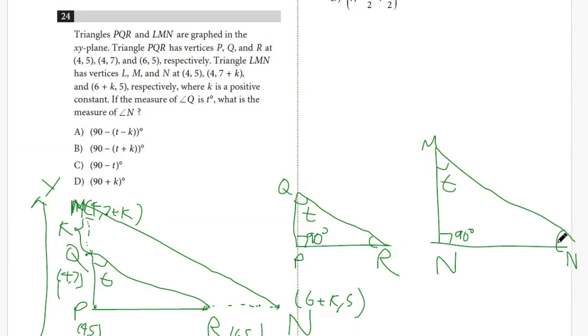Well, since all of these have to add up to 180, all we can do is something like this. And then we can set x equal to 90 minus t. Okay, so C as in cat is the correct answer choice here.